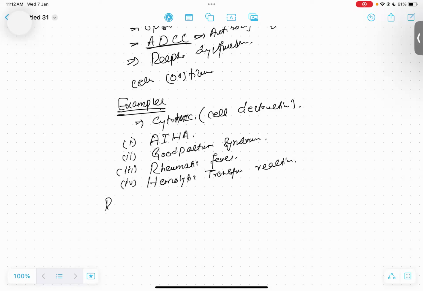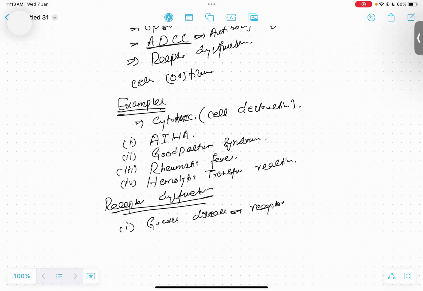And the receptor dysregulations or dysfunctions are the following. First one is Graves' disease, which occurs due to receptor hyperstimulation.